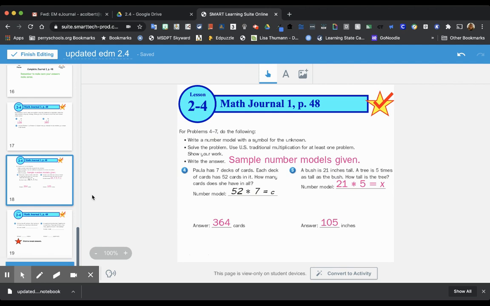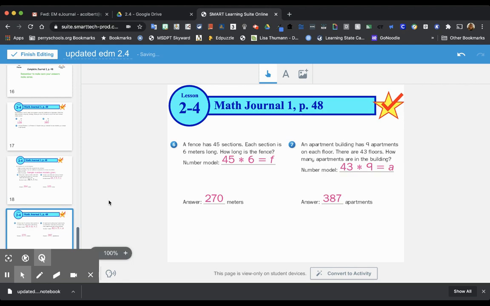Number 4, you should have seen that Paula has 364 cards, and the tree is 105 inches tall. And finally, 6 and 7. For number 6, you should see that the fence is 270 meters long, and the apartment building has 387 apartments.